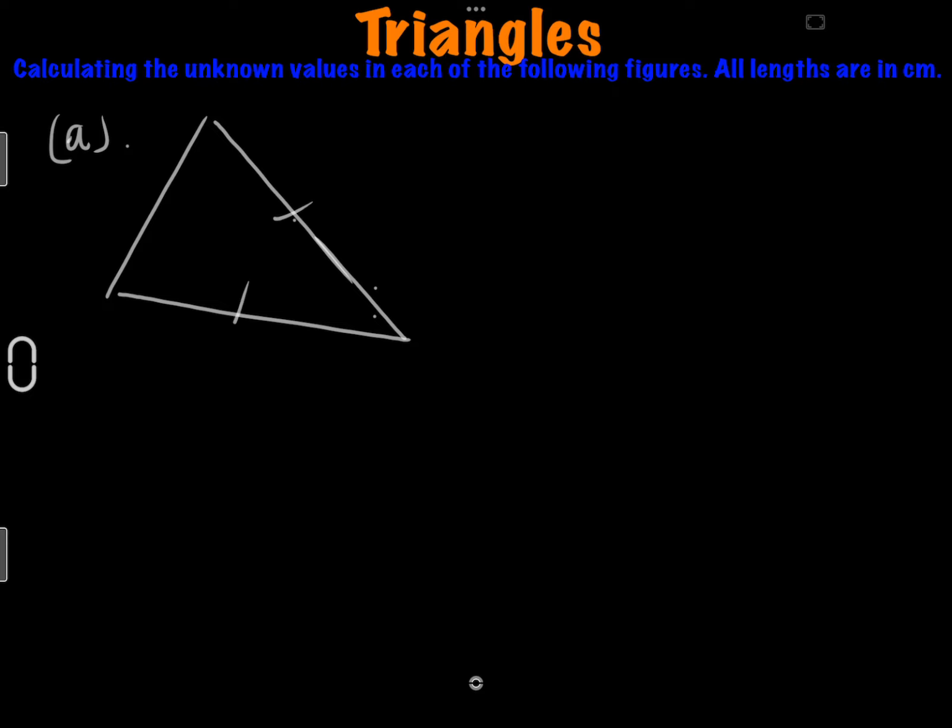We have sides here and we have 46 degrees and we have angle X and angle Y. Then we have angle N, O, P.